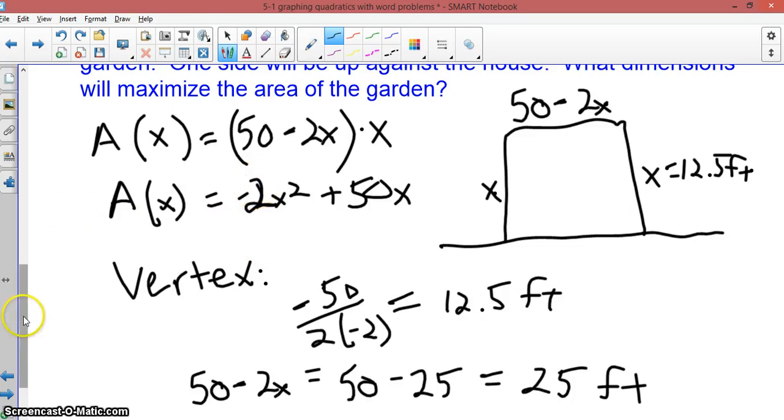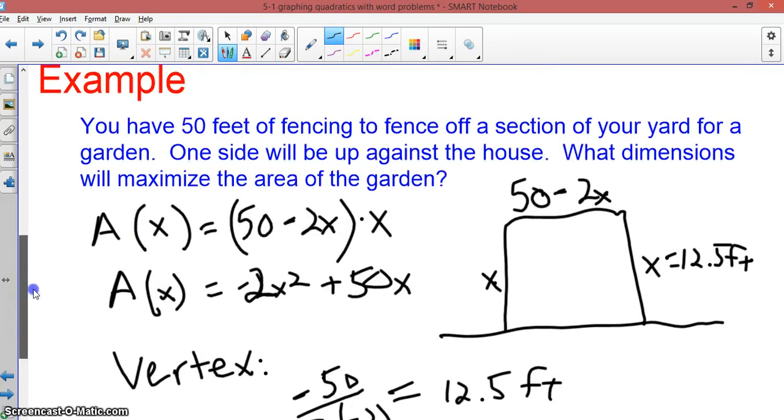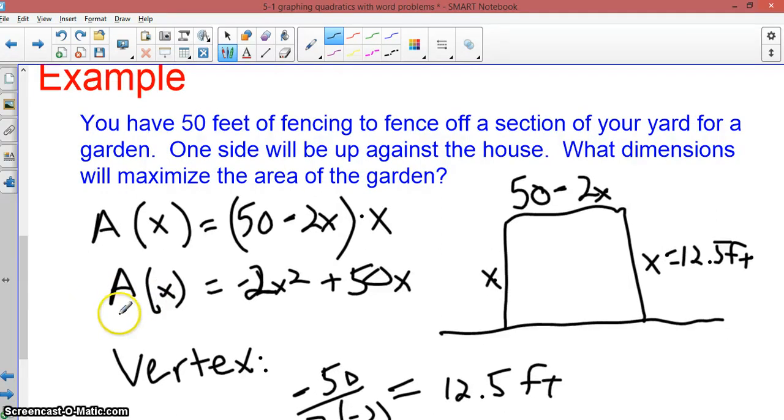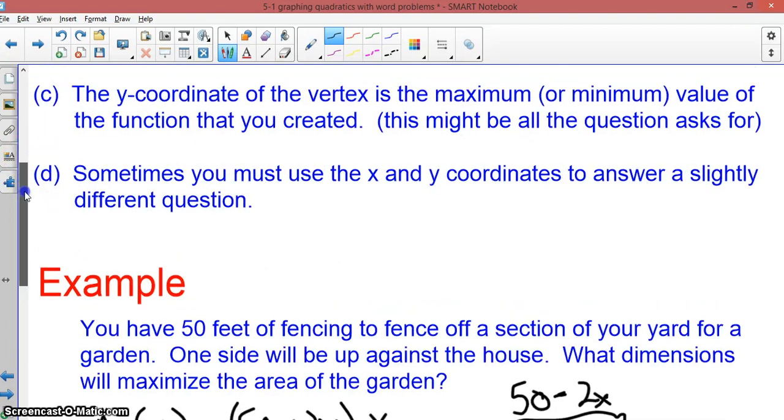By the way, what if they had asked for the area? How could you figure that out? Well, that's figuring out the y-coordinate of the vertex. So sometimes they'll ask for that. If that had been the question, you just plug the 12.5 into the area formula. So you have to keep track of what you're actually being asked, because there's a variety of things.